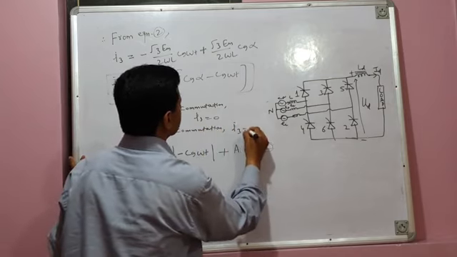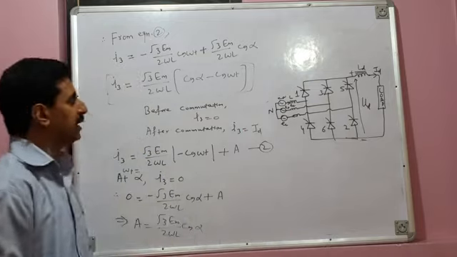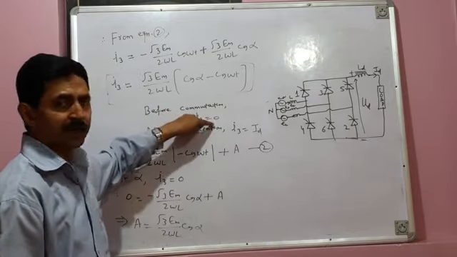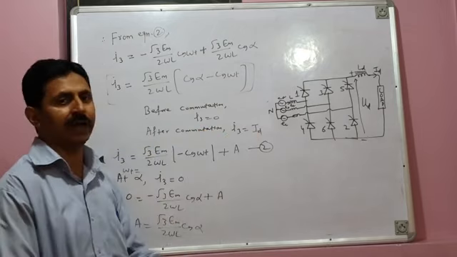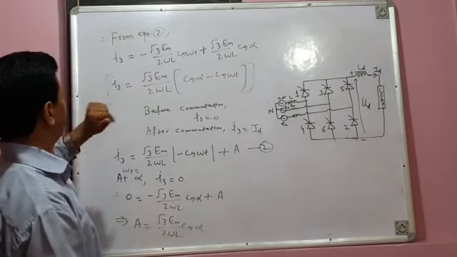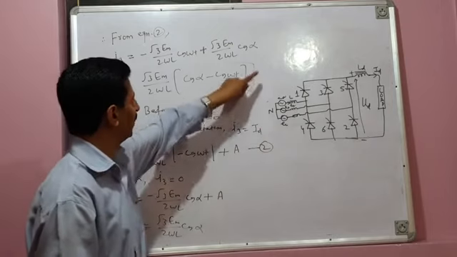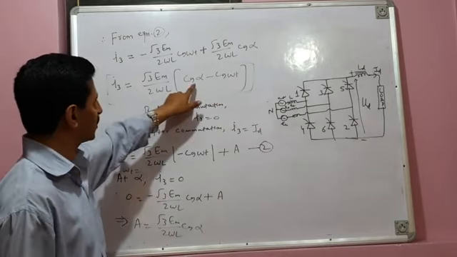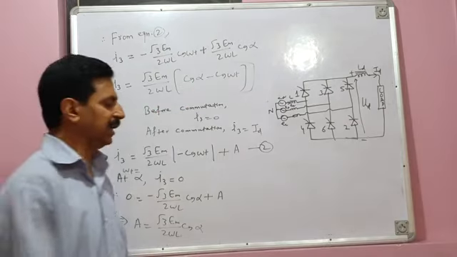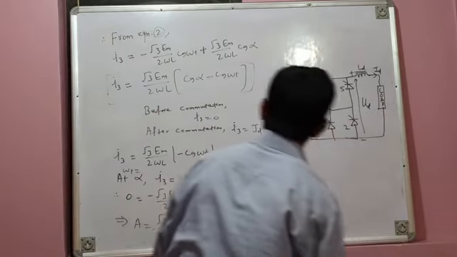So 3 takes the charge of load current. I3 is equal to ID. So before commutation, valve current I3 is 0. After commutation, valve 3 current I3 is ID. But during commutation, the valve current is given by this equation. I3 is equal to root 3 Em by 2 omega L times cos alpha minus cos omega t. Remember it. It's a very important equation.